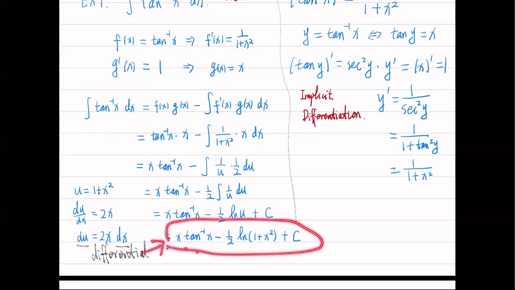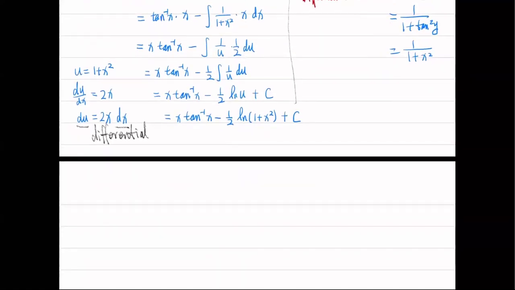We should check. Okay, I will give you a few minutes to find the derivative of x arctangent x minus 1/2 ln(1 plus x squared) and see if you recover our initial function. Okay, let me know when you are done.